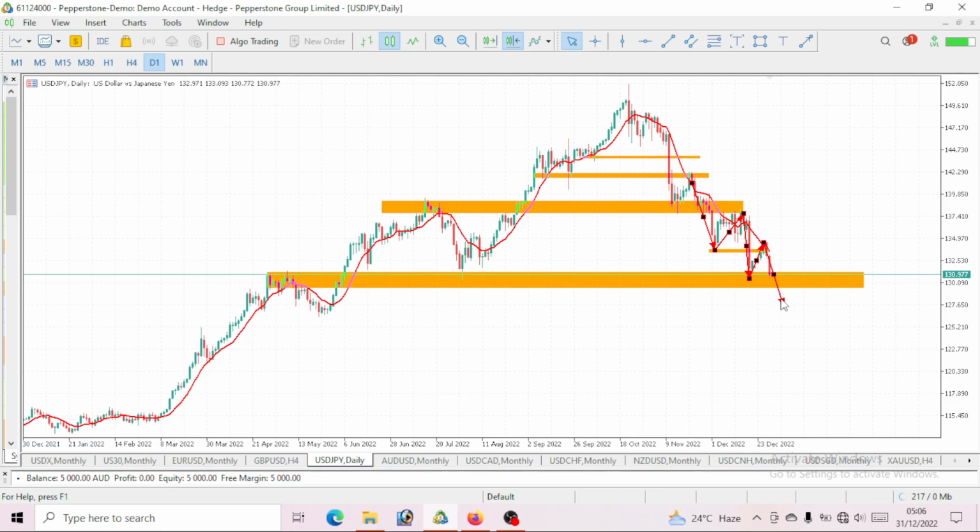Once it takes out this previous low, then we can go ahead and watch out for a pullback. After the pullback, we can go again with our USDJPY. So above all, by the time this month of January ends, like I said before, we should have gotten that bearish move that we are all waiting for.